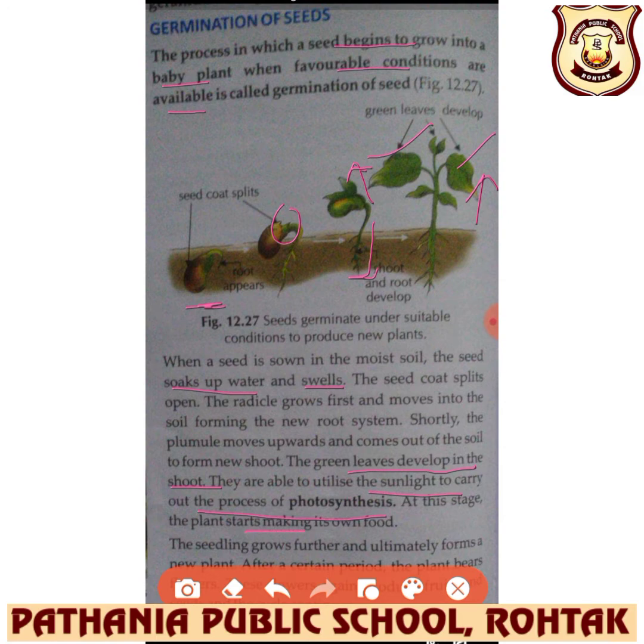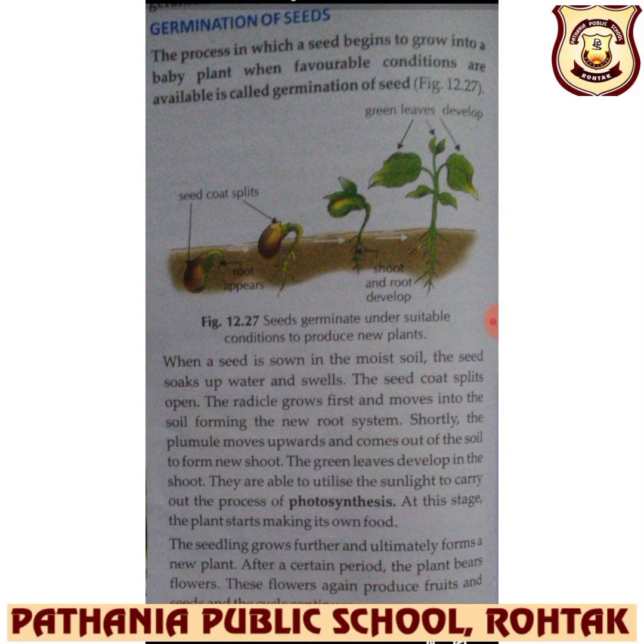That means they make the food for the plant. Now the seed further grows, ultimately forming a new plant. After a certain period, the plants bear flowers, and these flowers produce fruits and seeds, and the cycle continues.